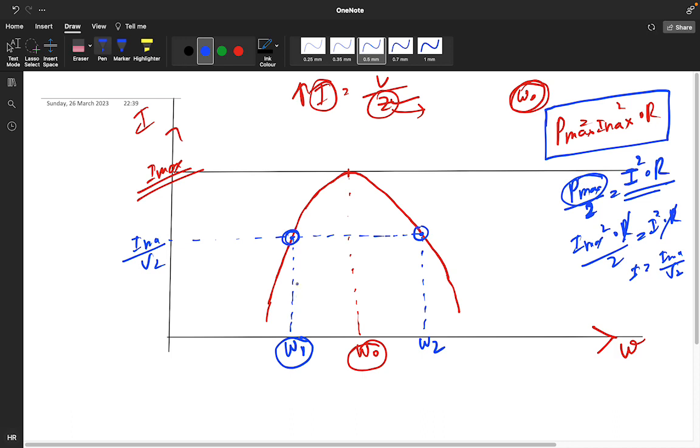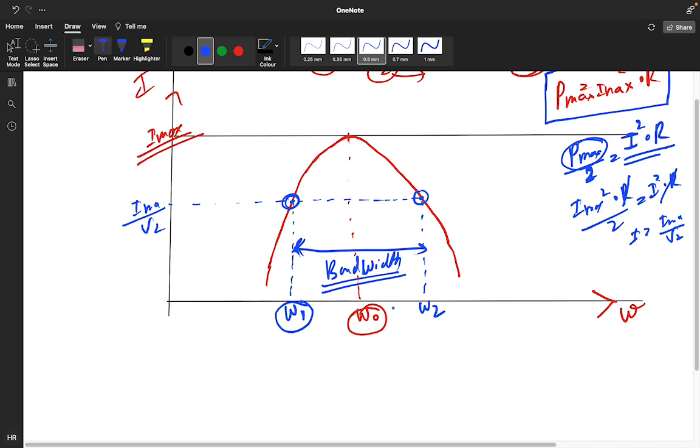This is the half power, half of the maximum power. The range between these two is known as your bandwidth. Is this clear, guys? Prasanna, is this clear? Yes. Understood. Okay. Now you need to find the values of omega 1 and omega 2. How will you find omega 1 and omega 2?